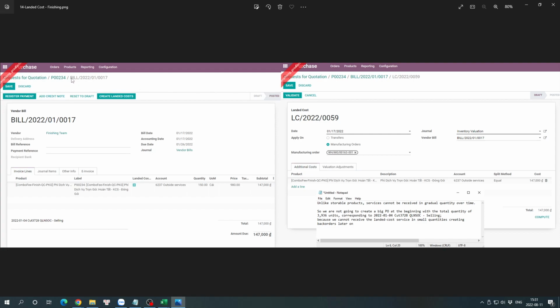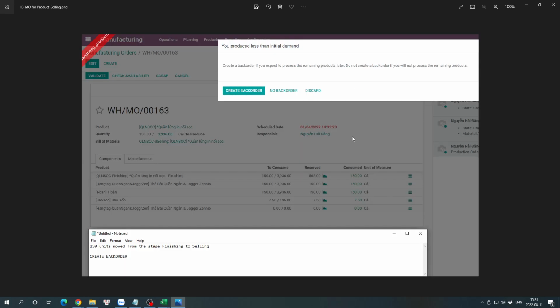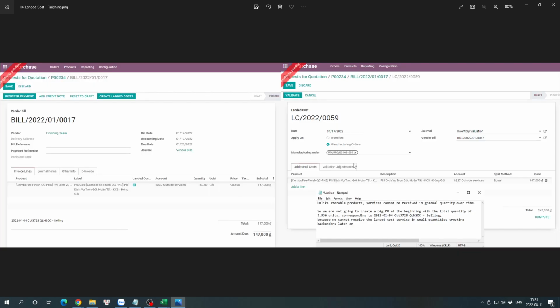Here you are at the stage of creating a vendor bill, see 6237 outside services, and you got the notes. Here you are at the stage where you create landed cost and you match it to this manufacturing order 163001. That was the MO 163 related to 150 units. Okay.